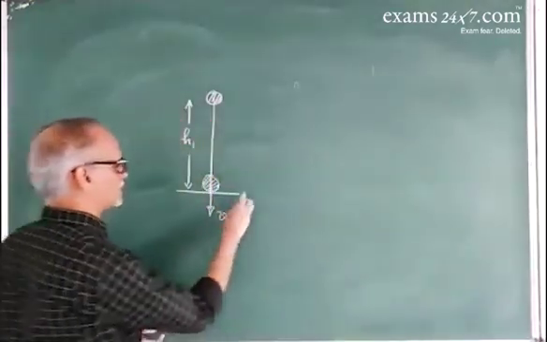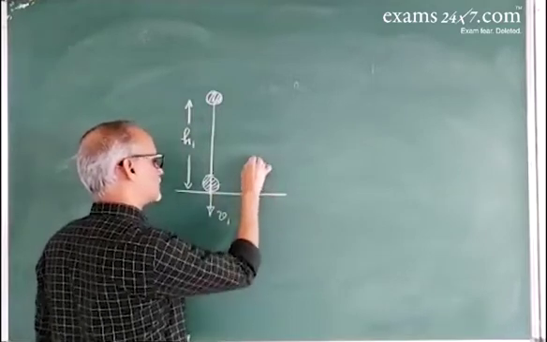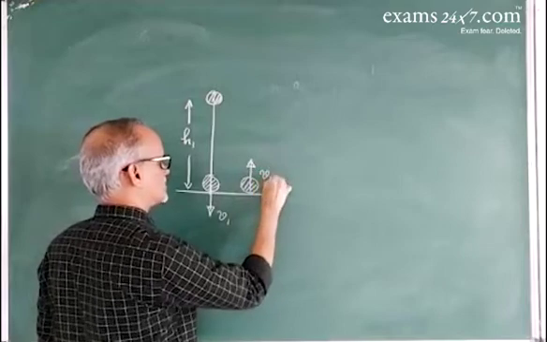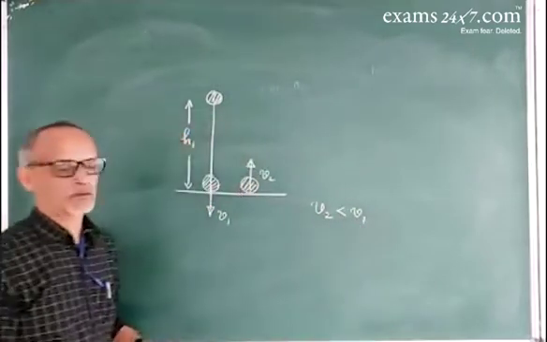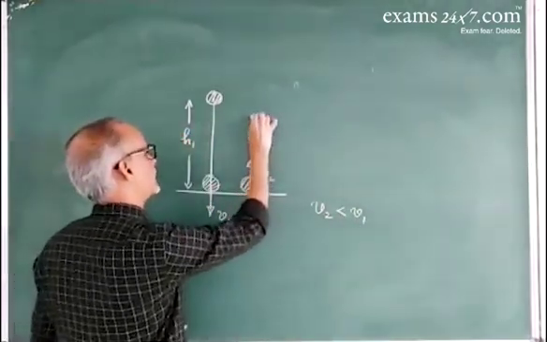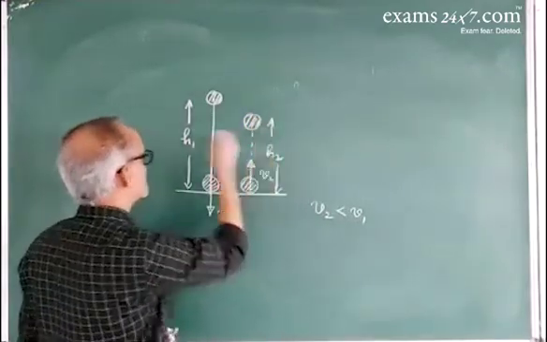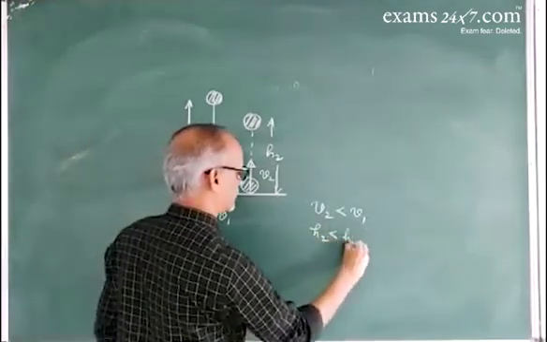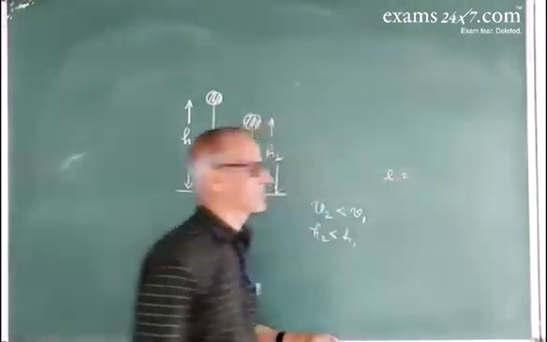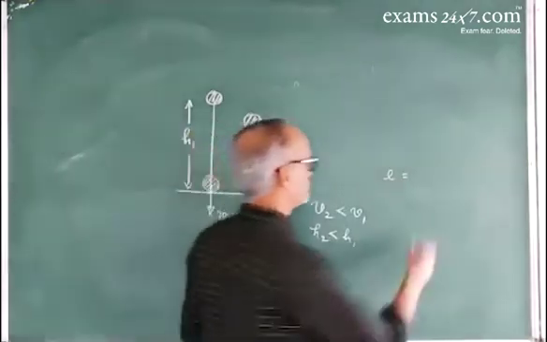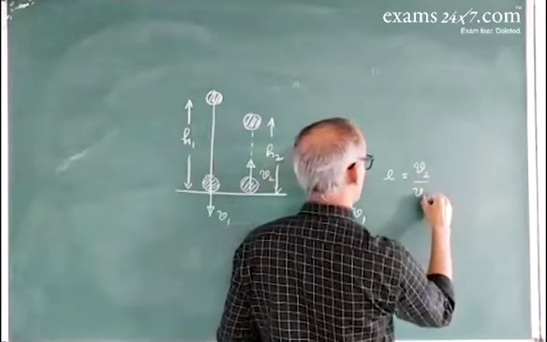So because of the loss of energy, the ball rebounds in the upward direction with a lesser velocity, which is v2. So v2 is lesser than v1, due to which it rises to a height h2, which is lesser than h1. In this case, we can measure the coefficient of restitution, which is E is equal to V2 by V1.